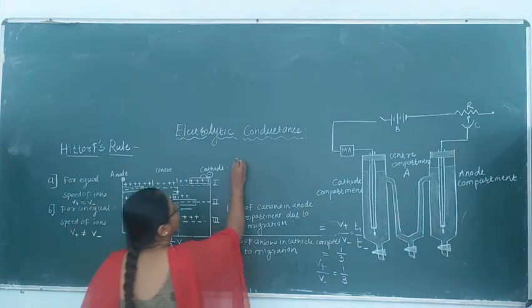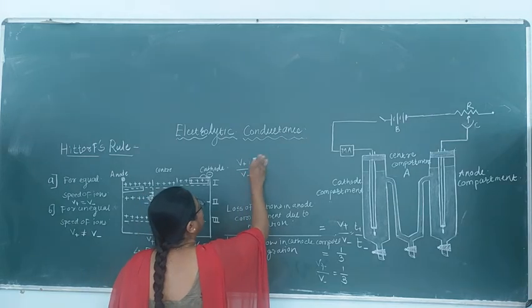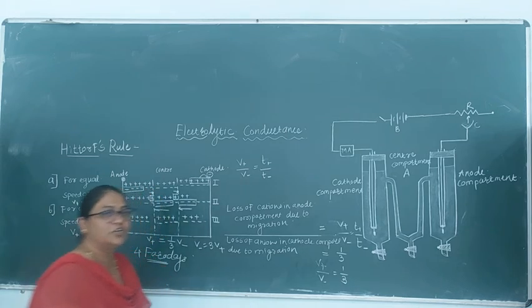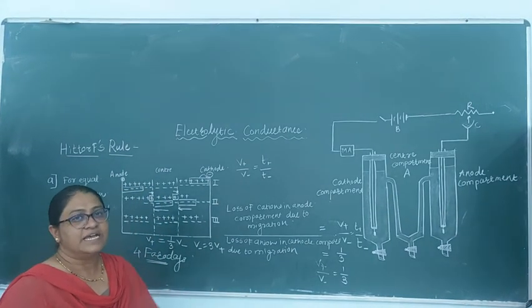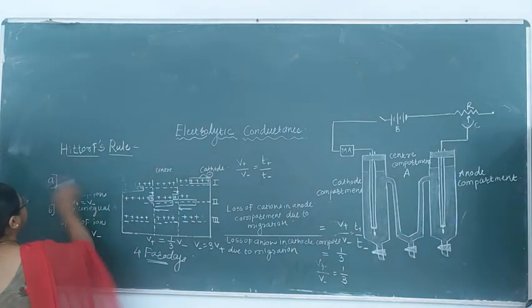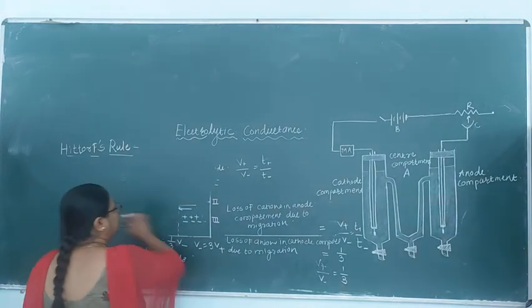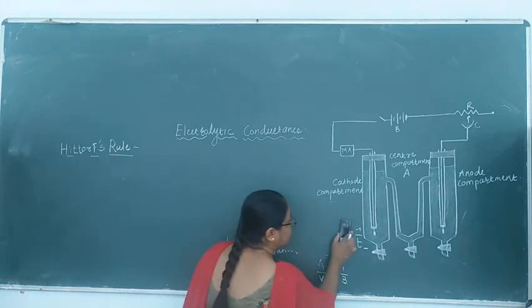That means simply we can write this as V plus divided by V minus is equal to T plus divided by T minus. This is the Hittorf's rule. And from this rule we can calculate the transport numbers of the ions. Therefore we are going to see the methods to calculate the transport numbers of the ions.